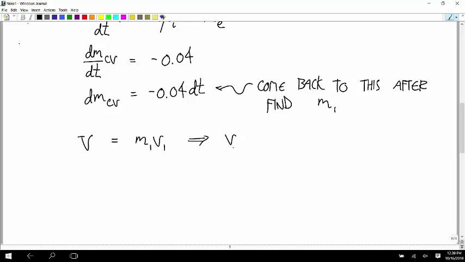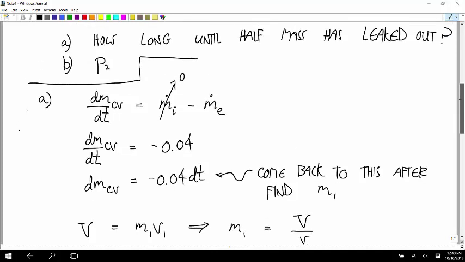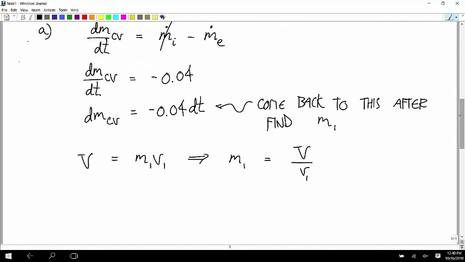So M1 is equal to volume divided by the specific volume at state 1. And we can use the table to find the specific volume at state 1. Does anyone remember, do we have to do interpolation to find that specific volume, or was that a value that's given in the table?